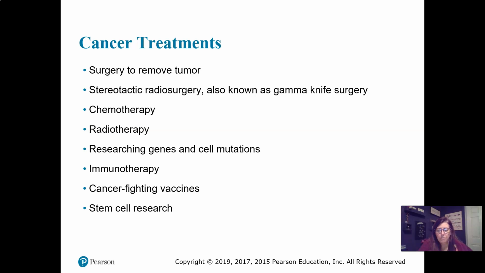New ways of killing tumors and new chemotherapeutic drug cocktails are being developed regularly. Promising areas of research include the following: immunotherapy, cancer-fighting vaccines, gene therapy, and stem cell research.